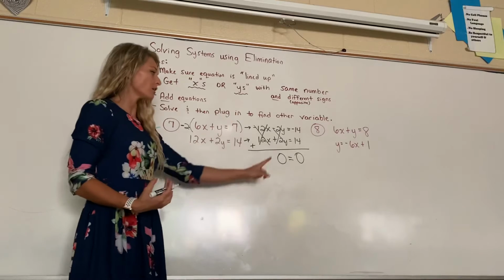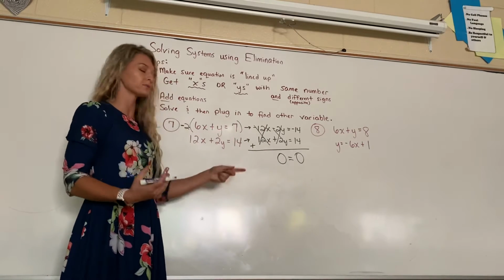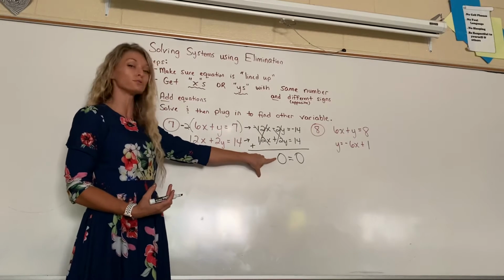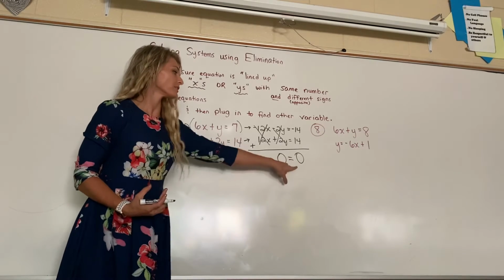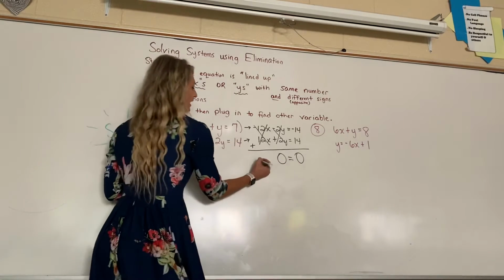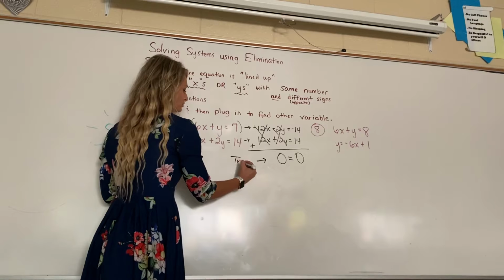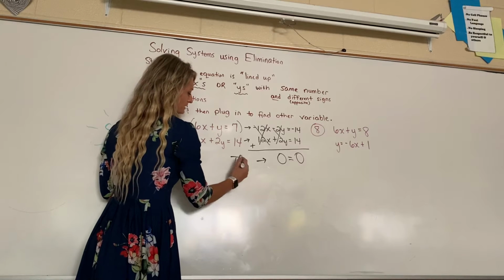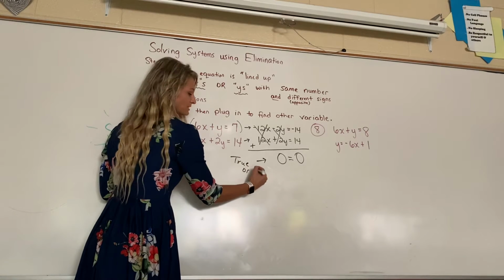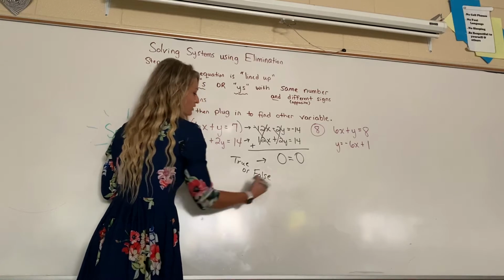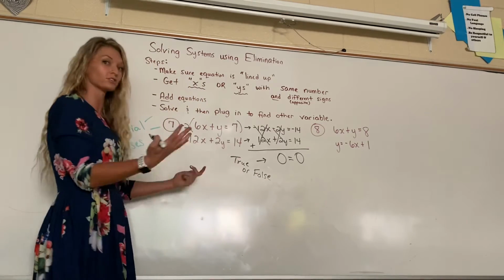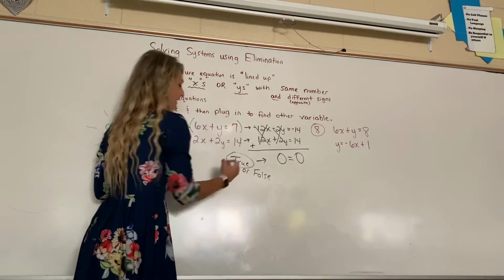So when you solve, and you probably remember this from other problems, and your variables go away, and you end up with a number equals a number, remember, you ask yourself one question: is that true or false? This is not your answer, but it's going to help you know what your answer is. So is 0 actually the same thing as 0? And that is true.